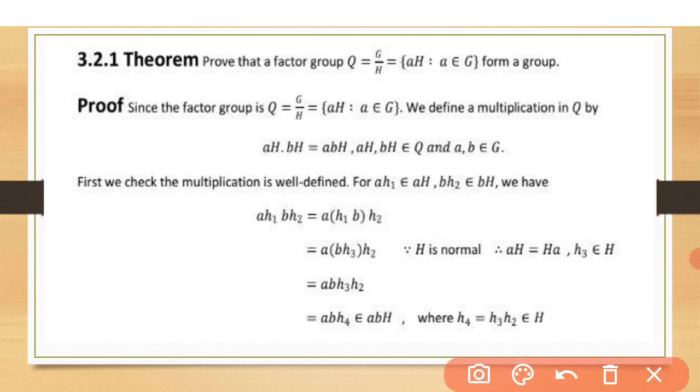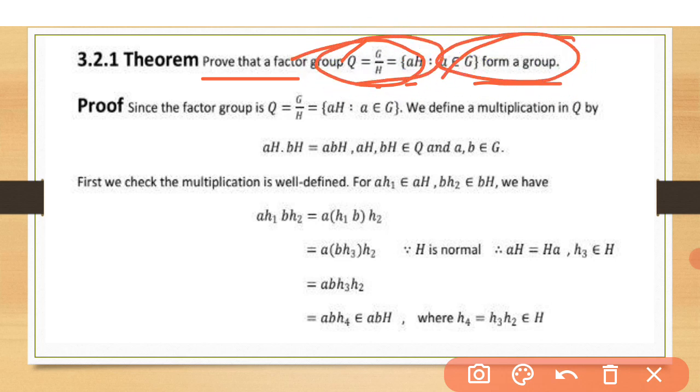We have a theorem. Prove that a factor group Q, G by H, all left cosets of H in G, form a group.